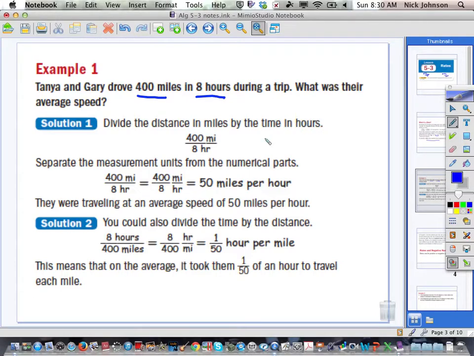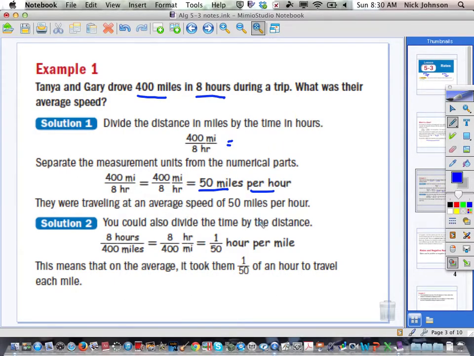I normally like to use time on the bottom, though there are certain cases where you need to use time on top, so we'll show you that as well. So, 400 miles per 8 hours. Well, 400 divided by 8 gives you 50 miles per hour. All you do is take this number, divide it by this number, and leave your labels on: miles per hour.